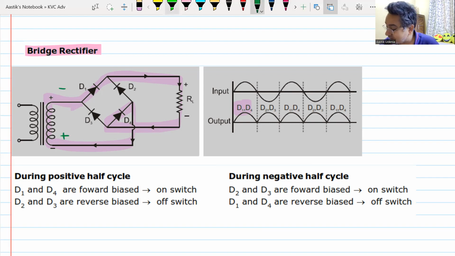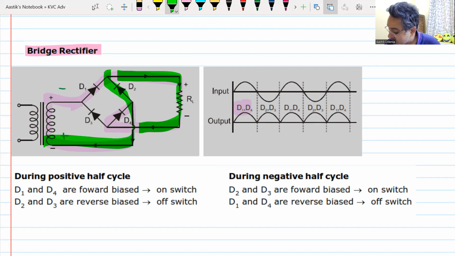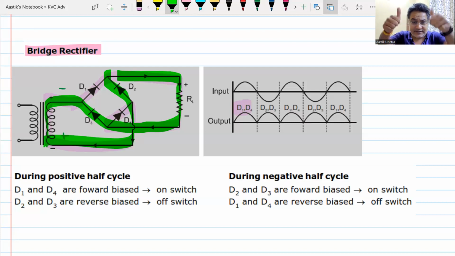Do we understand this? Yes, sir. So the current goes like this. Do you see this? Yes. D1 and D4 are conducting in the positive cycle and D2 and D3 are conducting in the negative half cycle. Everyone understands this? Yes. You have 2 minutes to note down the answer.